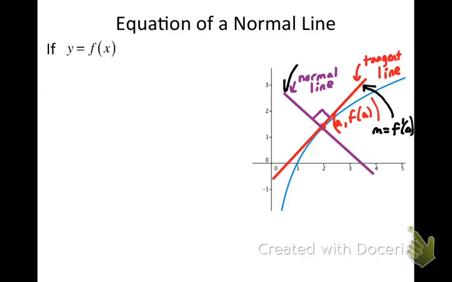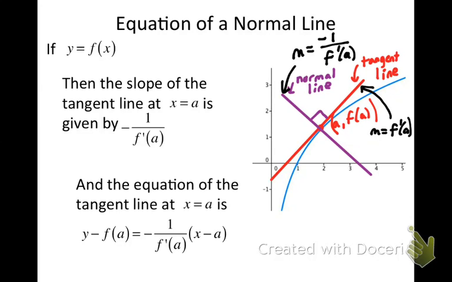So if I want to show that the slope of the normal line is the opposite reciprocal of that of the tangent line, I'm going to write it like this: the slope is equal to -1 over f prime of a. Because to write the reciprocal of a value, you simply put 1 over that value. And then we wanted the opposite reciprocal, so we put -1 over f prime of a. It's going to be the slope of the normal line.